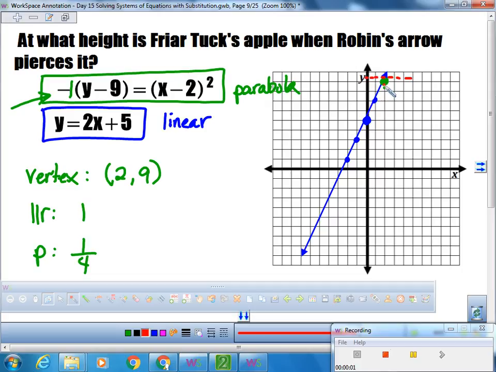So from the focus, I'm going to go out a half and out a half. Does that make sense? So this is actually going to have more than one solution. Do you see that? So you're going to cross in more than one spot. I can tell by looking at it that it's not going to be fun. Let's try it. Let's see what happens.